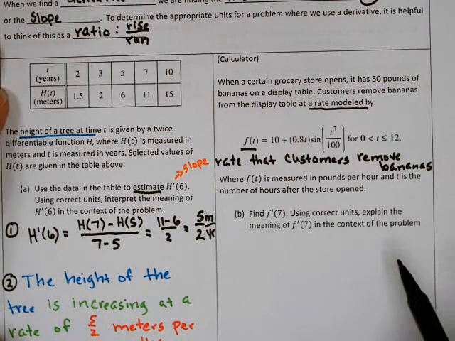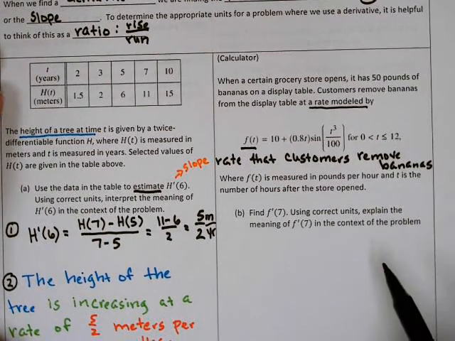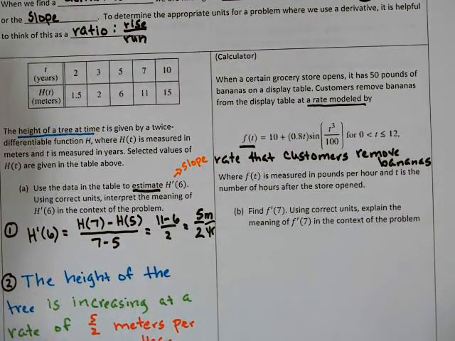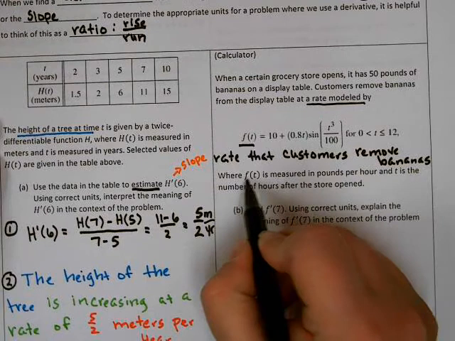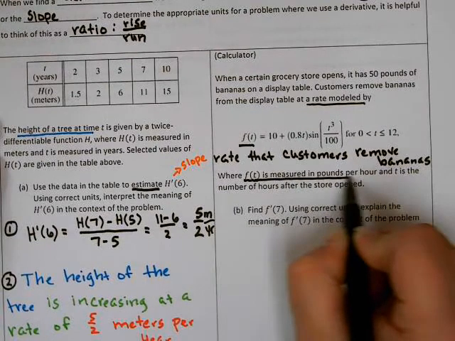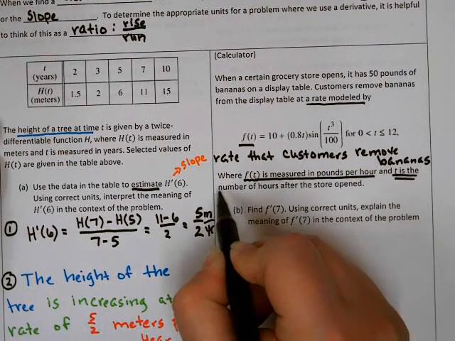All right, f of t is measured in pounds per hour, and t is in hours after the store opened. So that's going to be important too, to know what f of t is measured in, and what time is measured in.